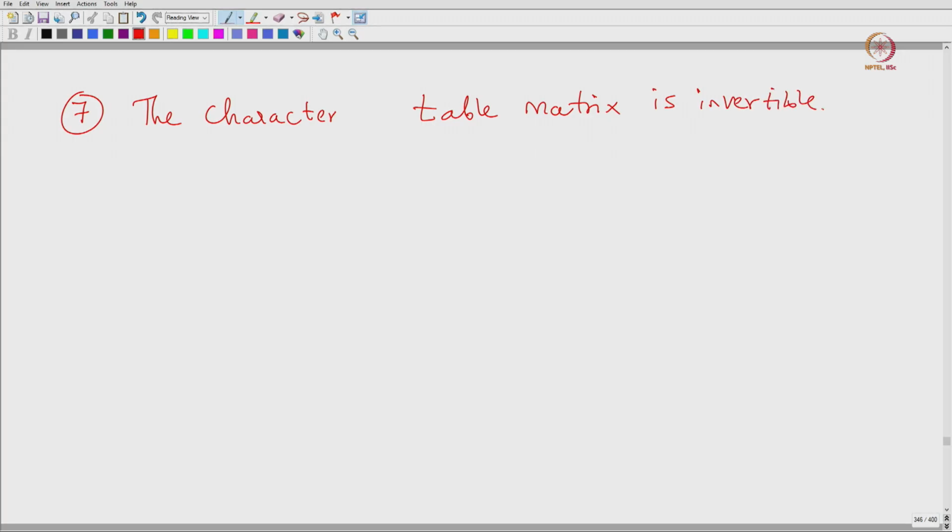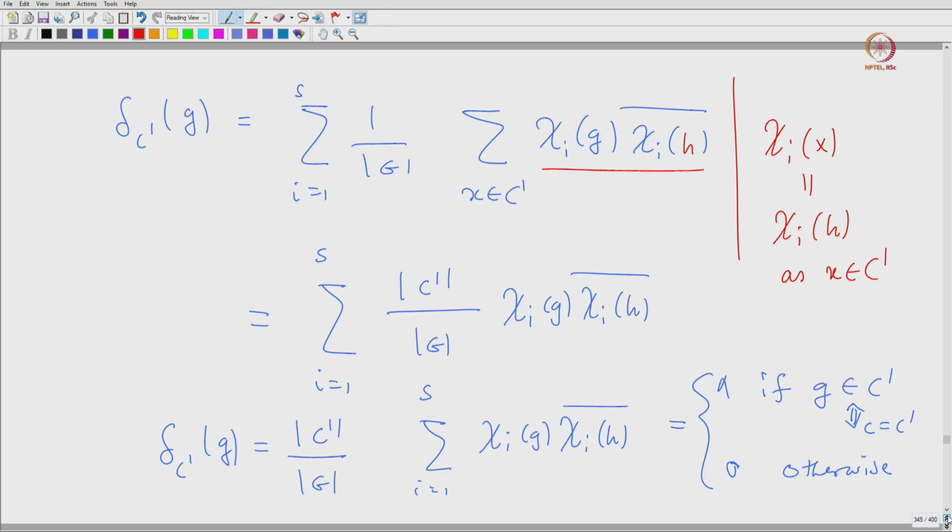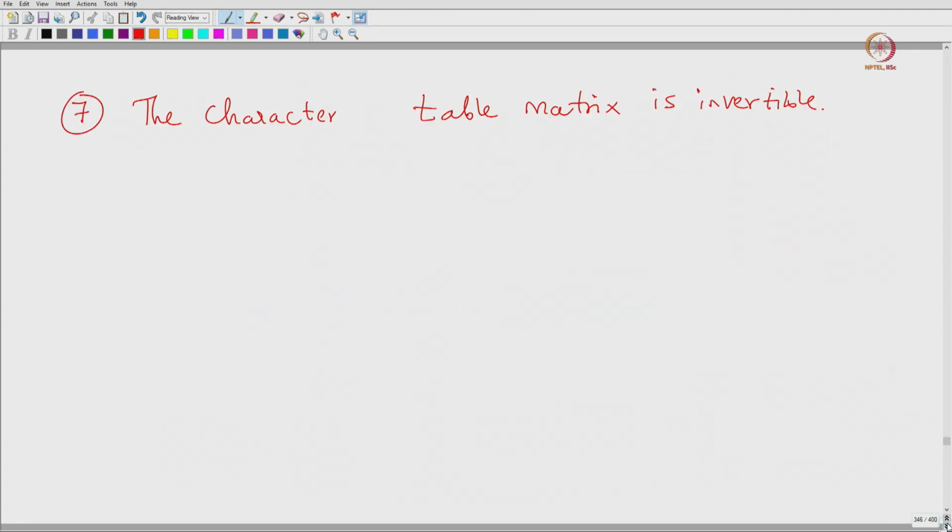Indeed, if we go back and look at the way we observed the relations between this chi I and the conjugacy classes, it is not difficult to see, maybe you can take it as an exercise, that the character table is in fact the transpose of the change of basis matrix from the basis chi 1 etcetera chi s to the basis delta C1 etcetera delta Cs.